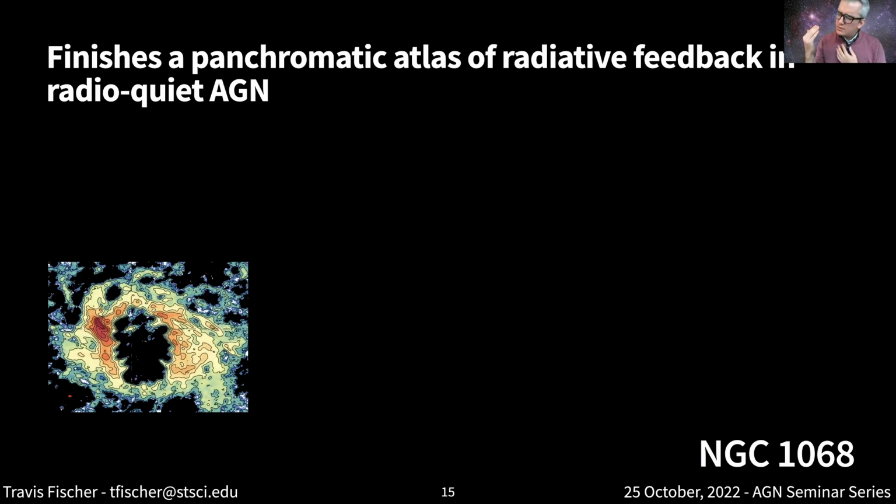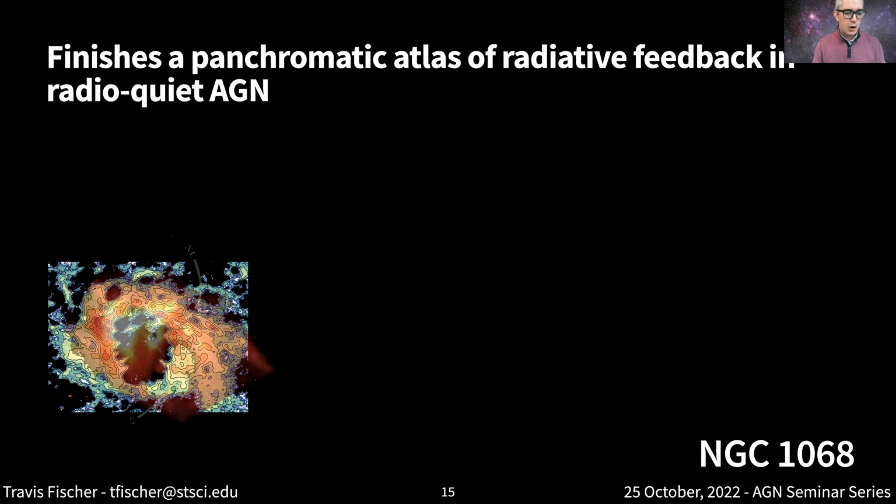If we use the understanding that the radio structure in these radio quiet AGN is a feedback process from the winds, we can use radio and all of the wide waveband coverage with MIRI to finish a panchromatic atlas of radio feedback in radio quiet AGN.